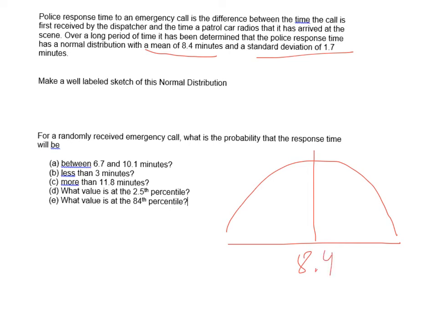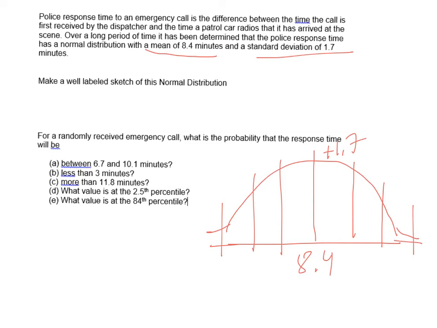So, I know the mean's 8.4. That goes in the middle. I'm going to draw 3 lines going up, 3 lines going down to represent the plus or minus 3 standard deviations. And then what I'm going to do is add the standard deviation. So 8.4 plus 1.7 is what? 10.1. Let me get a calculator.